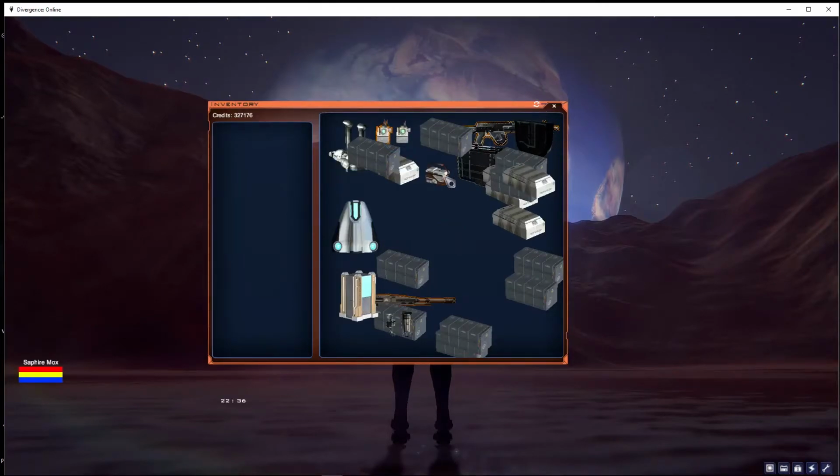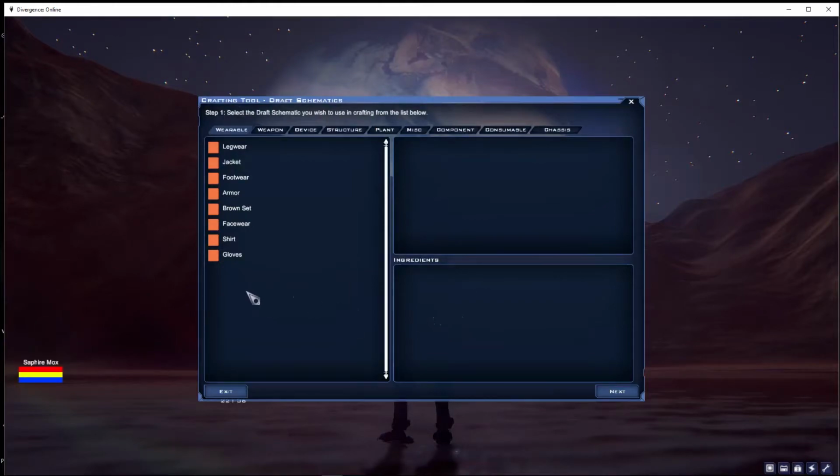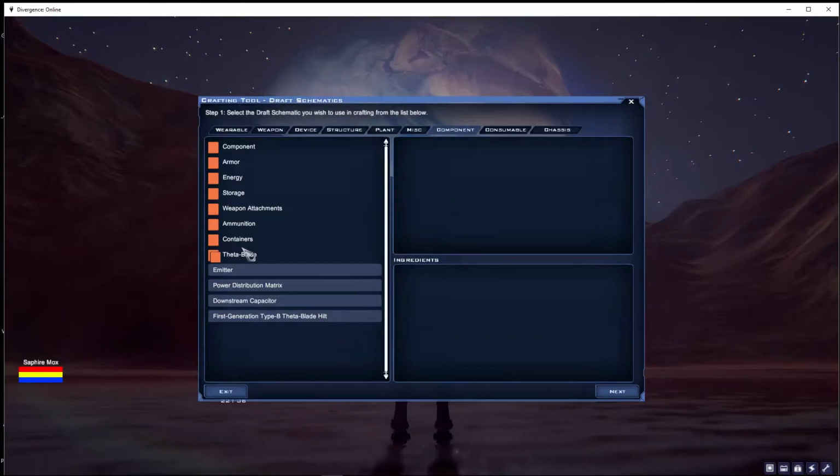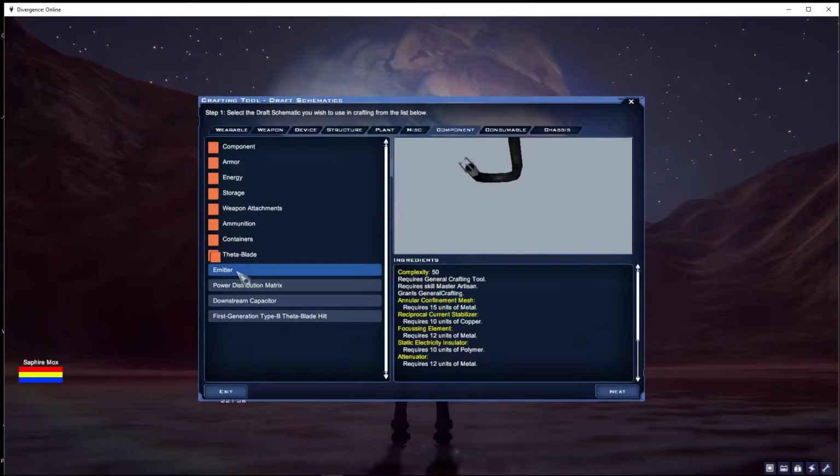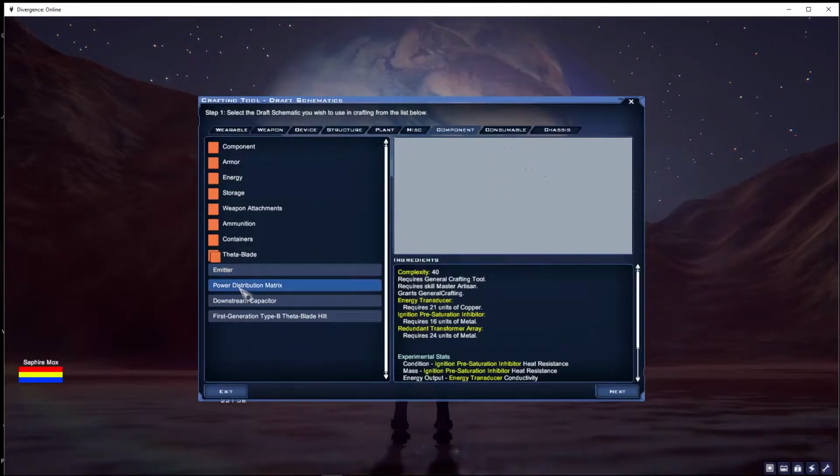Let's do this. There we go. Wow. Had me worried there for a minute. So if we look at the Theta Blade components, we have the emitter, which we've created.